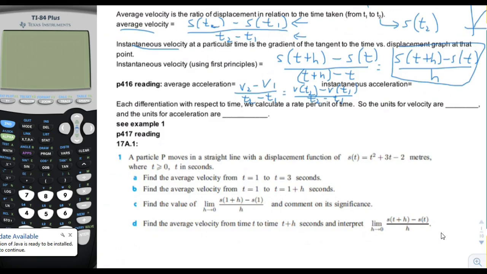Okay. With each differentiation with respect to time, we calculate a rate per unit of time. So the units for velocity are meters per second, which we can also write as meters per second to the power of -1. And the units for acceleration are meters per second squared, or meters s to the -2.